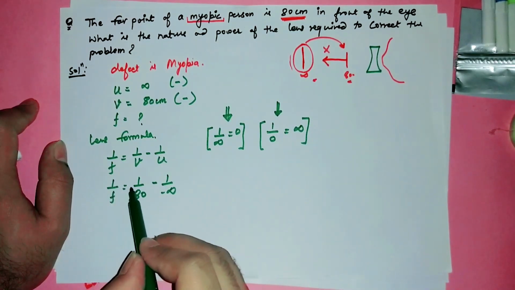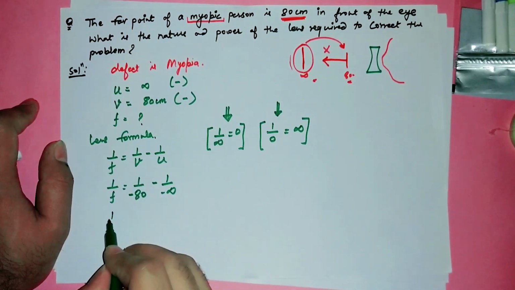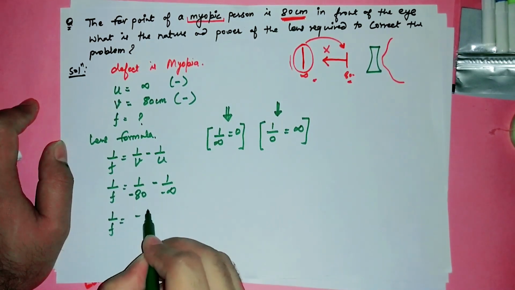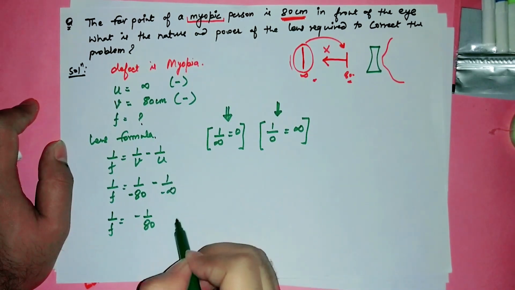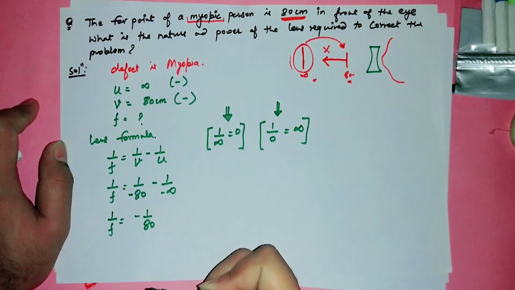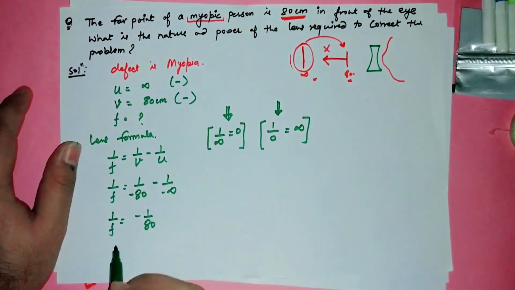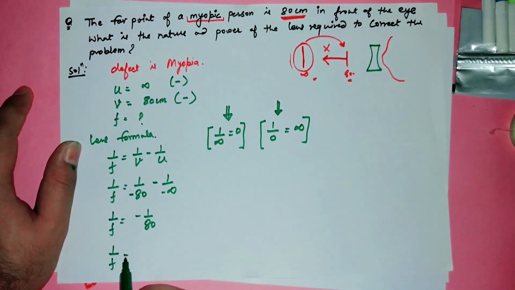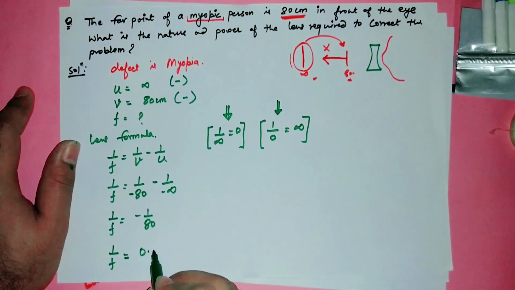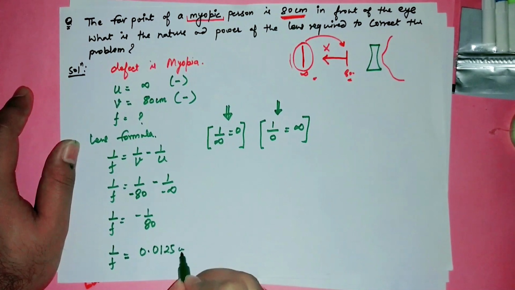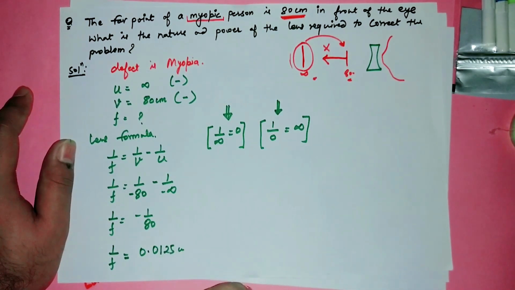So 1 upon f is equals to minus 1 upon 80. Clear? Because 1 upon infinity is 0. So what is 1 upon 80? So 1 upon f is equals to minus 0.0125 per centimeter. Okay, clear? This is 1 upon 80.